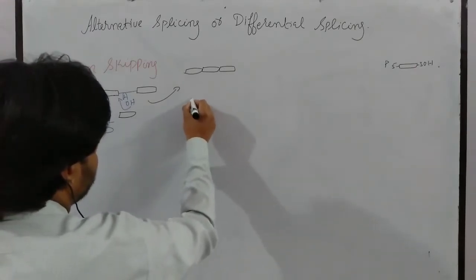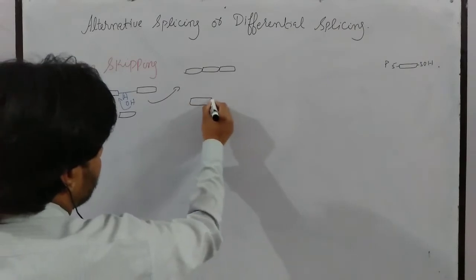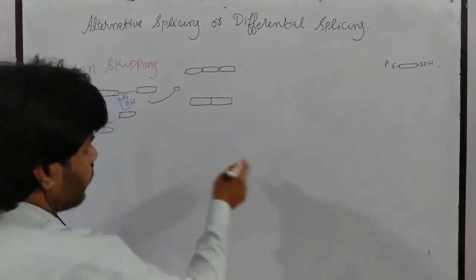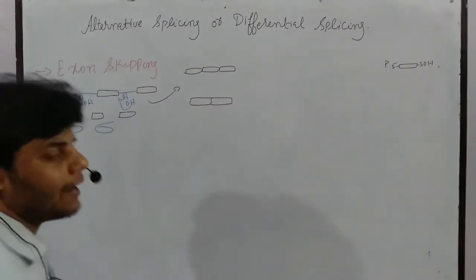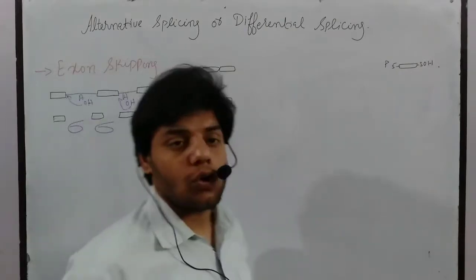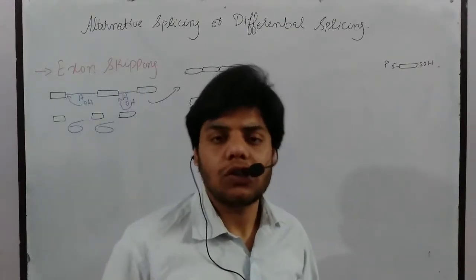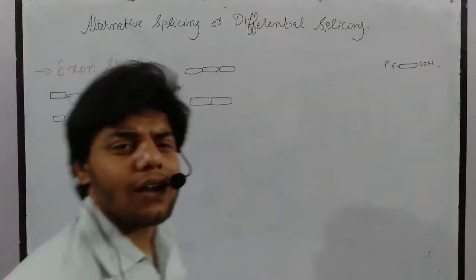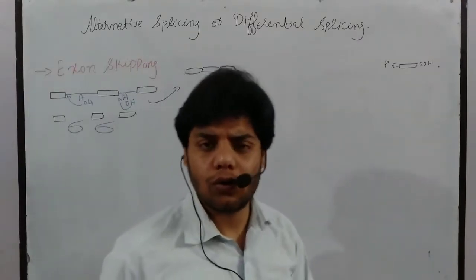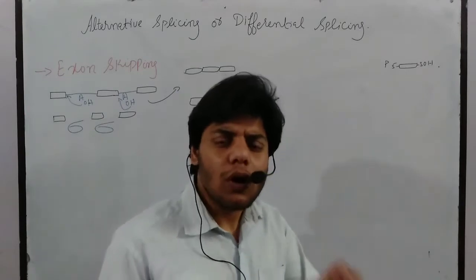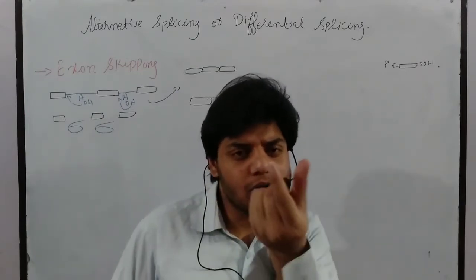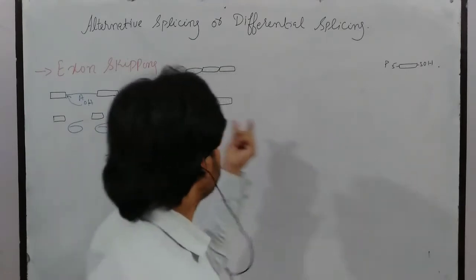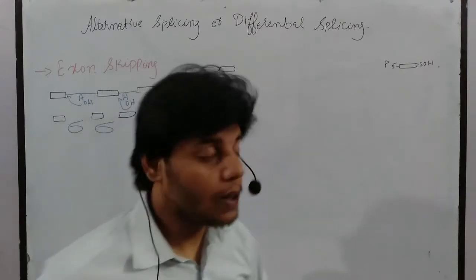In this case we have the first exon and the third exon connected to each other, and then this can give rise to multiple kinds of proteins from this small region of the gene.